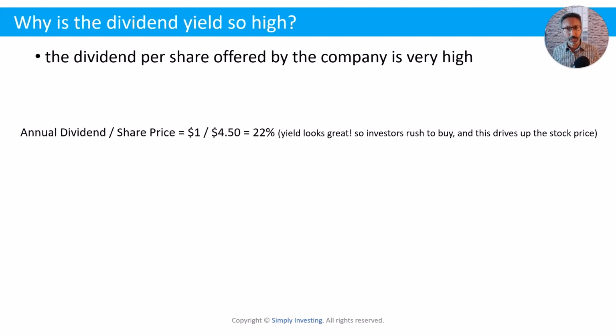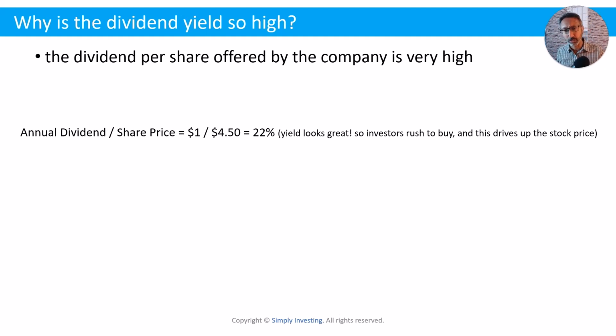And what normally happens, and we're assuming this is a quality company, the debt is very low, the company is well managed, the company has a history of profitability, has a history of growing its dividend, right? So all of these things, I'm assuming all these things are true, that this is a quality company. So what happens is investors are not dumb.